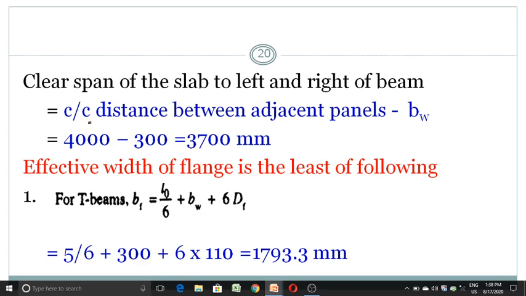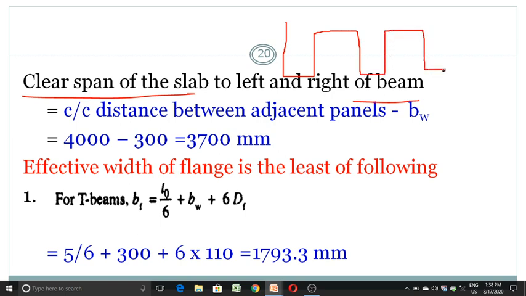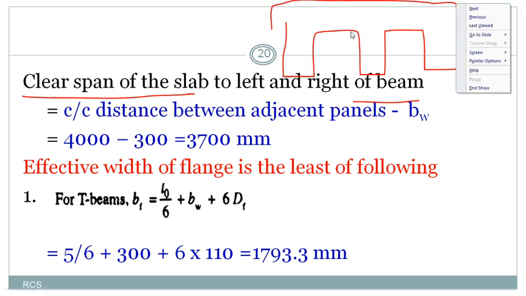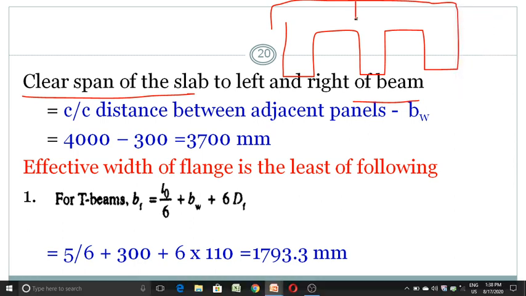Next step: the clear span of the slab to the left and right of the beam. Here I have to calculate the clear span from the left and right of the beam. As I told you the center to center distance of adjacent panels, here I will define the clear span of the adjacent panels. This we have to calculate in this direction.